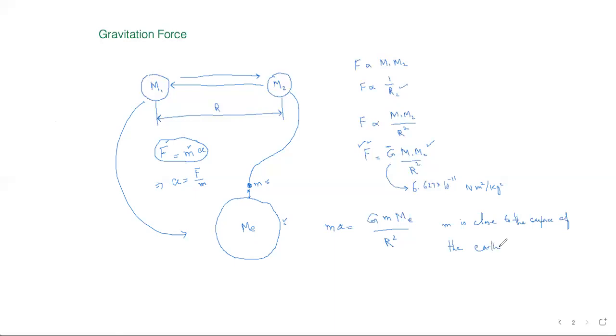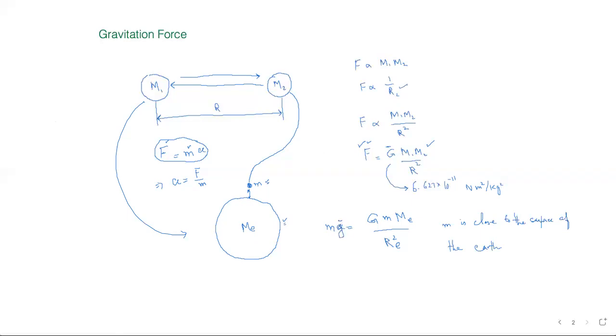If this is the situation, then the distance between the earth and this small object is almost the radius of the earth. Here a, the acceleration, will be because of the force of gravity, so this is g.